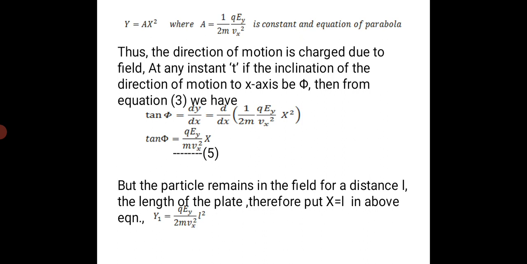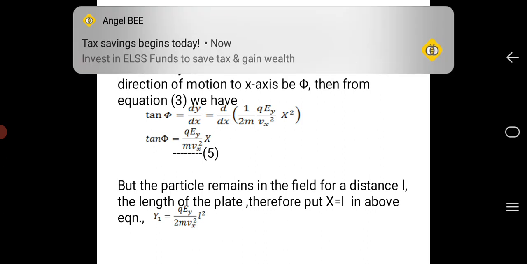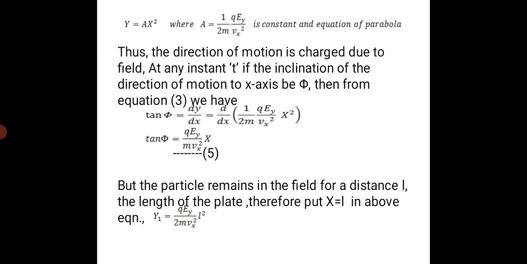Let it be equation 5. But the particle remains in the field for a distance L, the length of the plate. Therefore, put x equal to L in the above equation. Therefore, y1 is equal to QEy by 2m Vx square into L square.